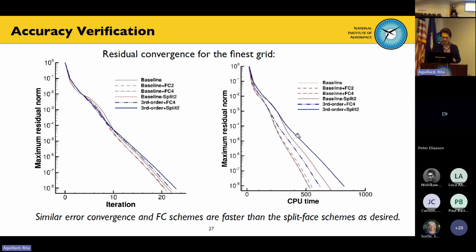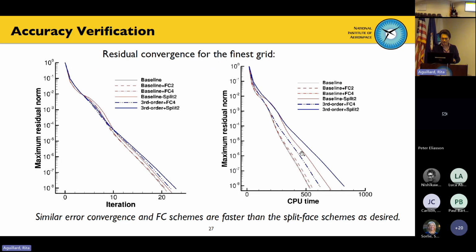So this blue solid curve is the split face approach, 3rd order, and this is the flux correction approach. So one numerical flux, and this is just not the flux computation, but it includes the reconstruction to the face. So as expected, this flux correction scheme is cheaper.